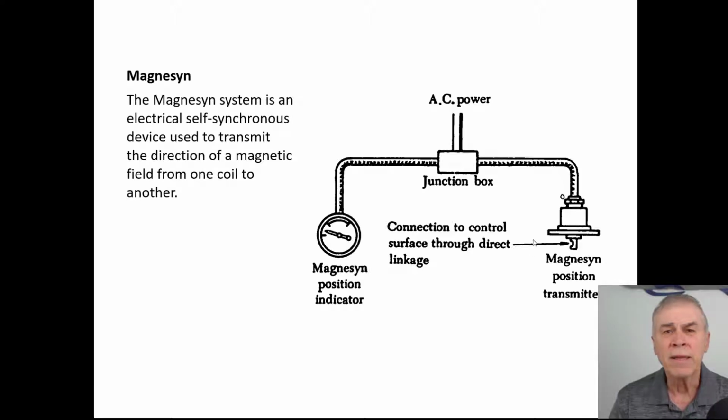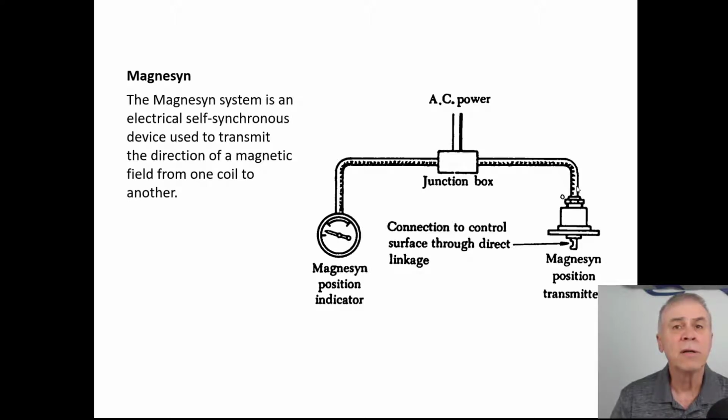There's some direct linkage. So basically, it's a mechanical arm that moves the connection, moving the position of the brushes. It's not a resistor now. It's going to be some sort of induction component.